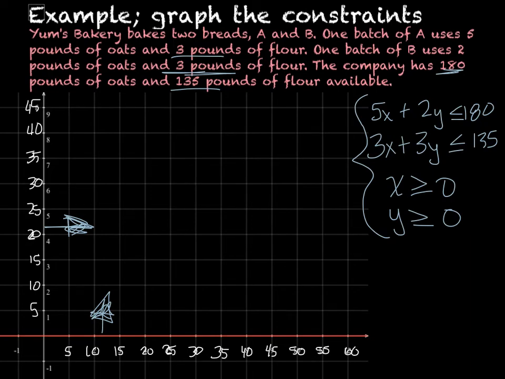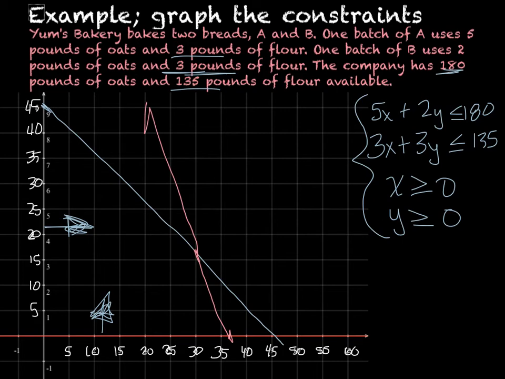So this we graph the same way we graphed our other equations. So I'm just going to put them on there. And right here, there's one of our constraints. And our other constraint is a steeper line. And it's going to be about right here at 36.